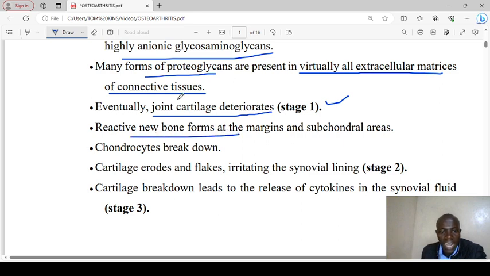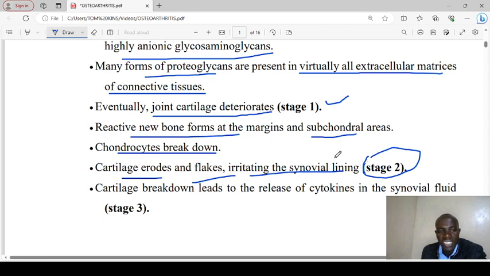Now that the cartilage has deteriorated, it has to be replaced by reactive new bone, which forms at the margins and the subchondral areas. So we have the chondrocytes. They break down. And when they break down, the cartilage erodes and flakes, irritating the synovial lining, setting in stage 2.